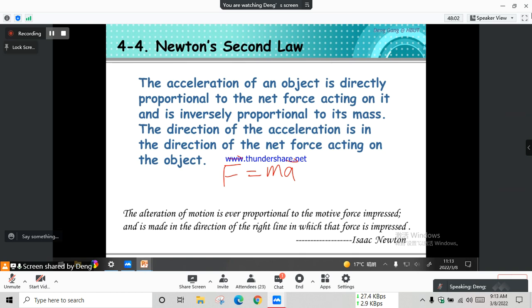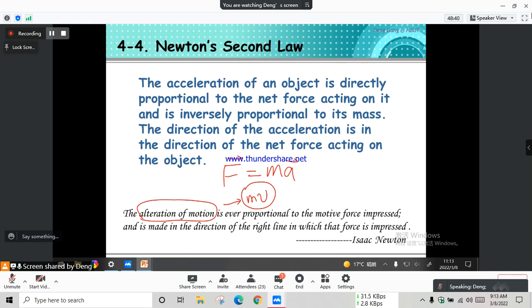So here, the alteration of motion, when Newton explained this, he said it should be equal to mv, the mass times the velocity. So alteration of motion is alteration of mv.